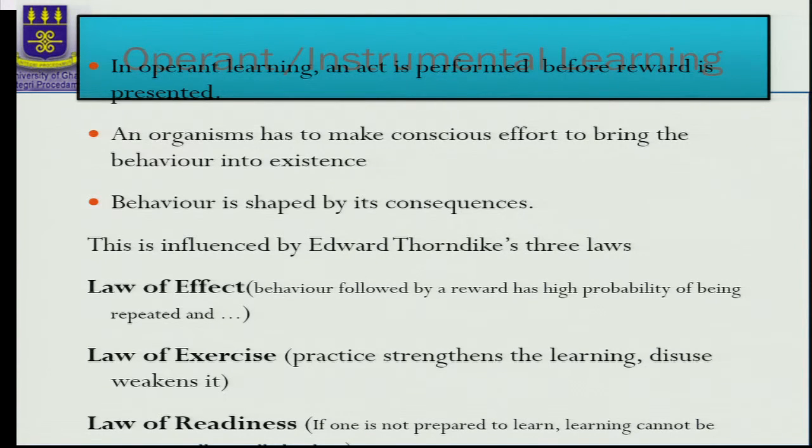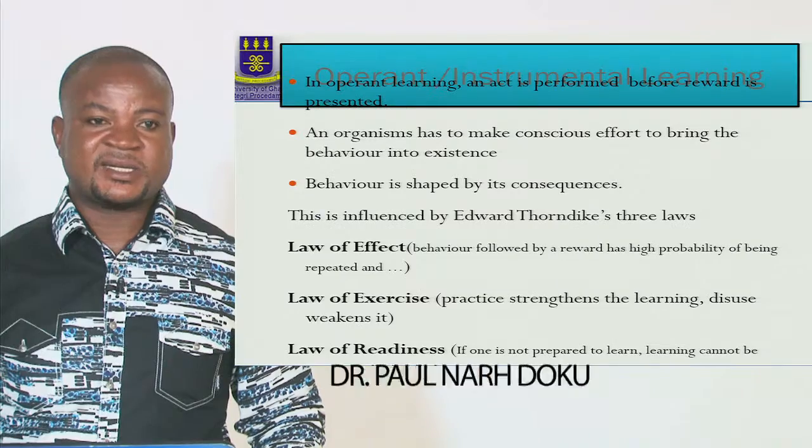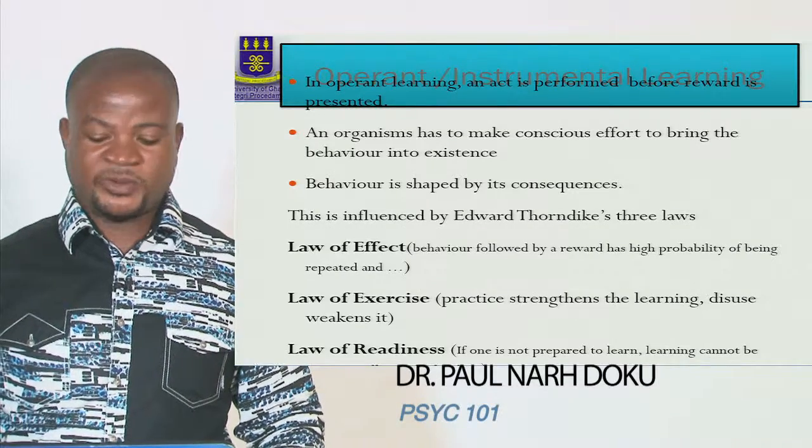So for example, if you study so hard and go to write an exam and you obtain a good grade, you are more likely to study hard the next time an exam is approaching. But if you study so hard and then the grade happens to be very bad, you will not learn. So that is operant learning, or learning by reward.